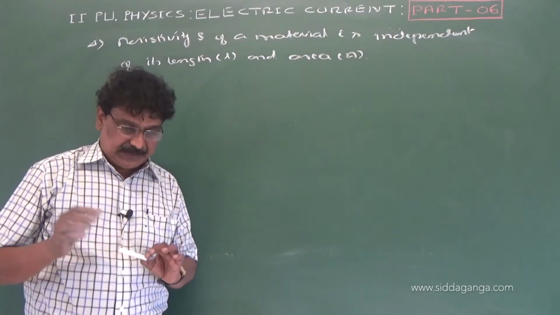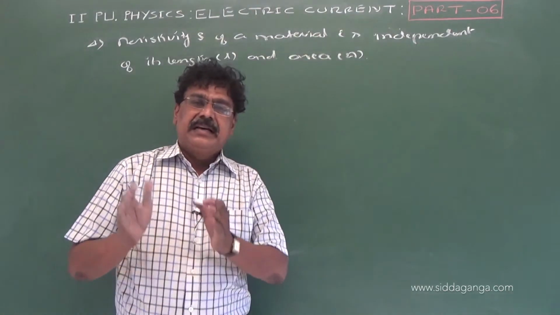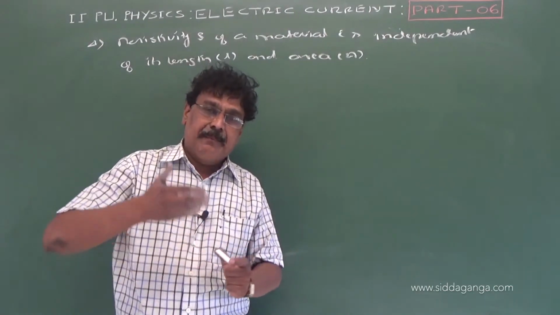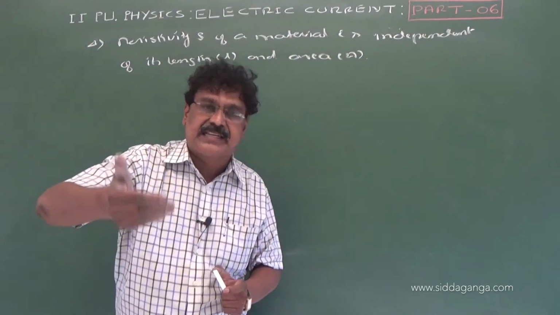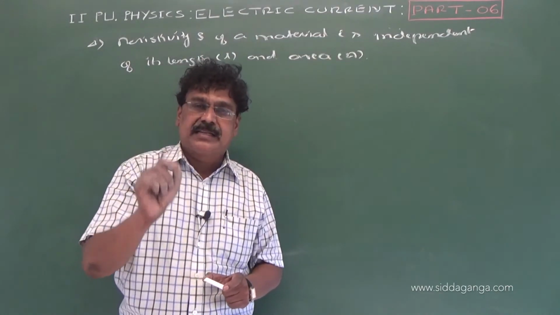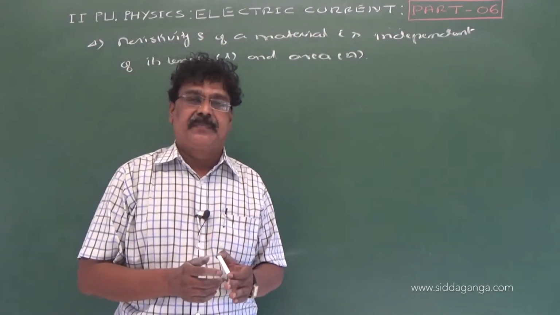It is because resistivity is the rate at which the material offers resistance or opposition. Resistivity is the resistance per unit length per unit area of cross section.